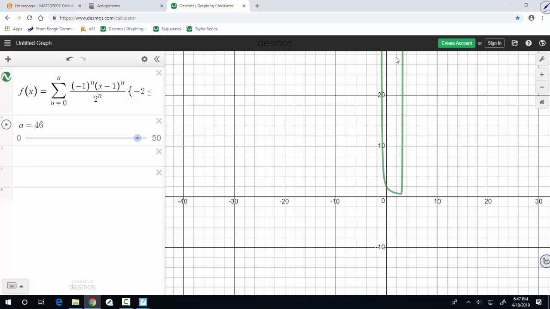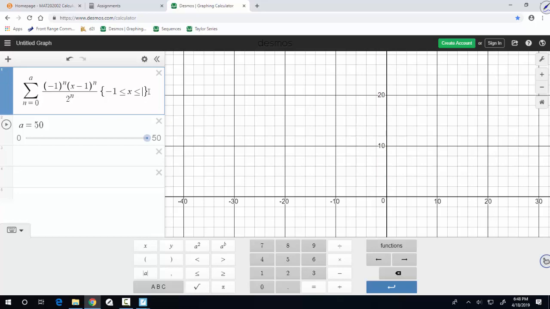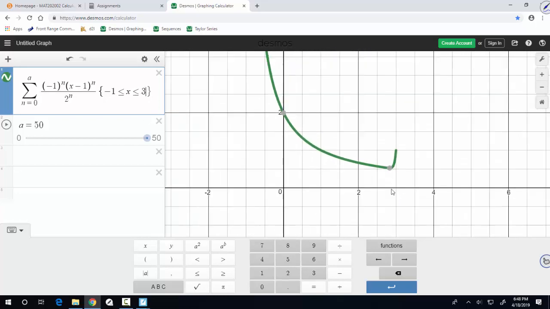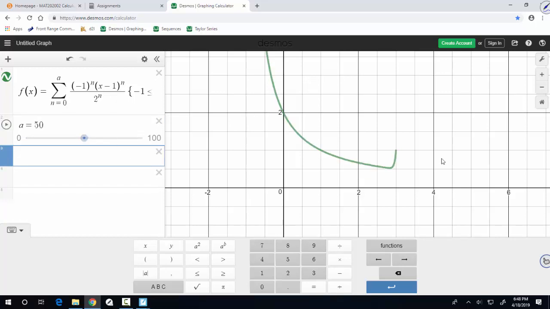So here, it's kind of like this vertical asymptote. See how that just keeps moving up and down. Let's look at it from actual domain. Let's go maybe, I mean, it's really not going to show us much more if we keep going out further. So there's 50.